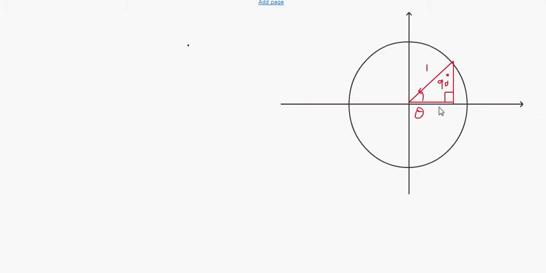Now the horizontal component represented by this adjacent side is cos theta, and the side opposite to theta represents the vertical component, sin theta.